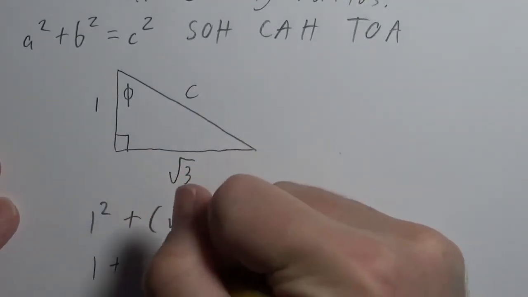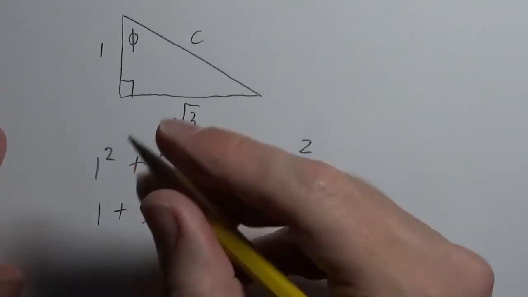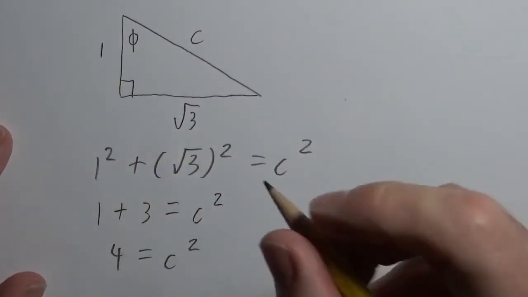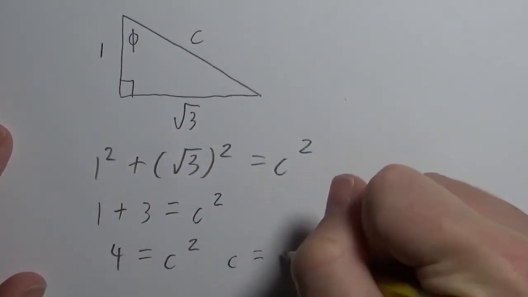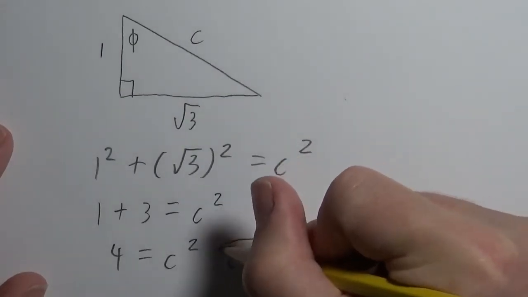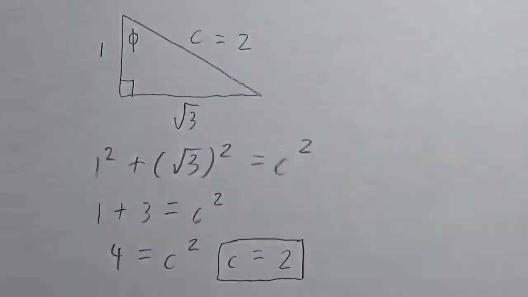So 1 plus 3 equals C squared. 4 equals C squared. Common sense should tell us that C equals 2, because 2 squared is 4. So that is the hypotenuse of 2.